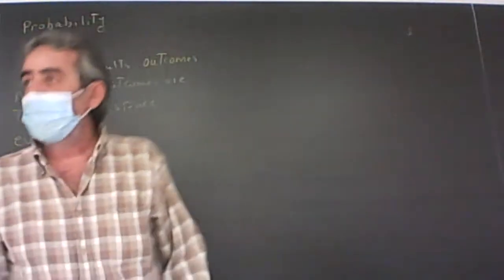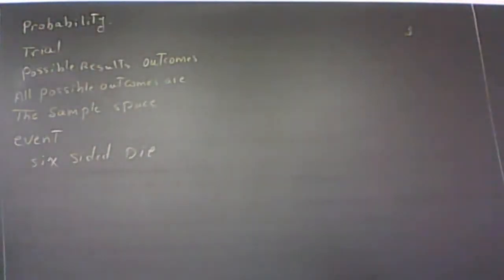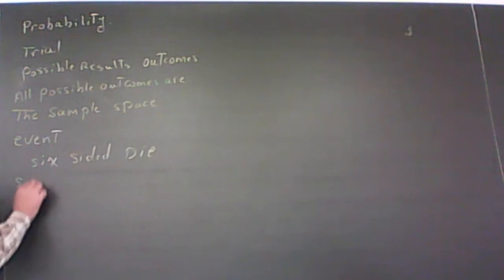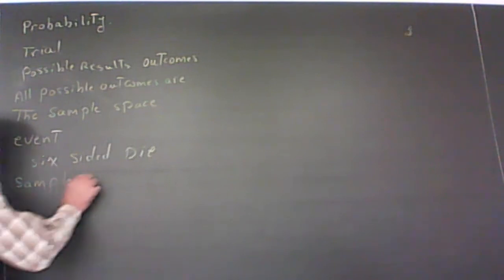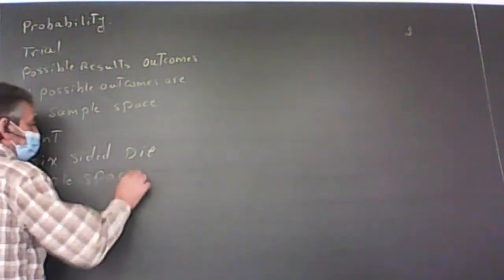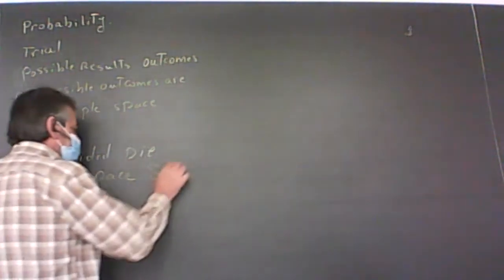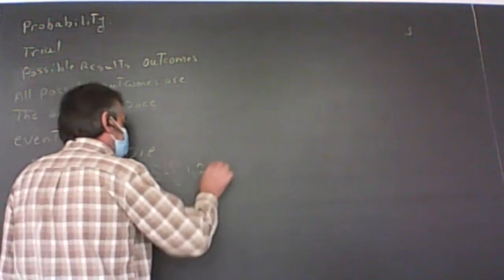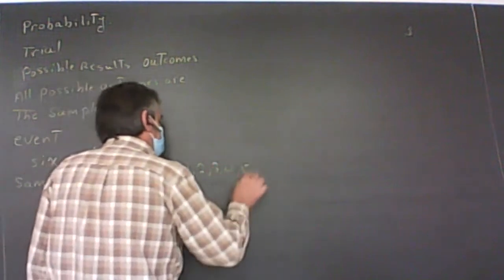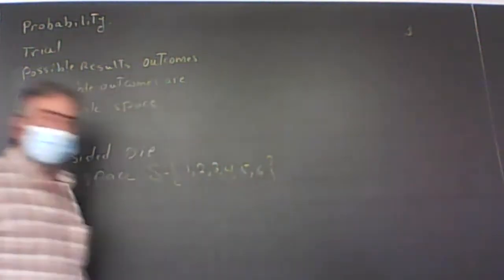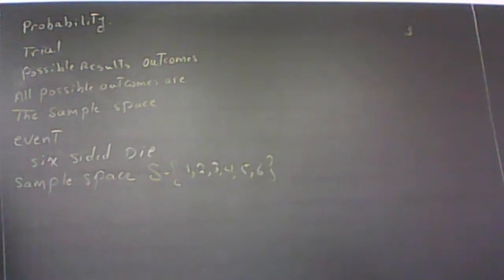We don't know. So the sample space, normally denoted by S, is the set of the numbers 1, 2, 3, 4, 5, 6.